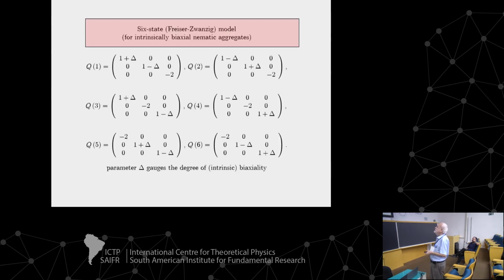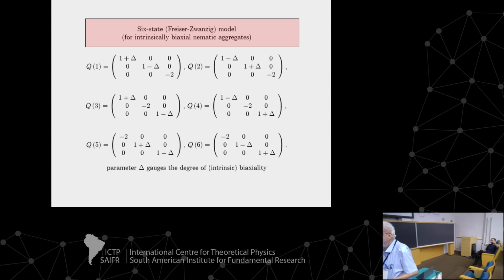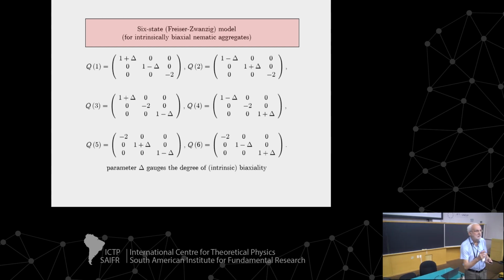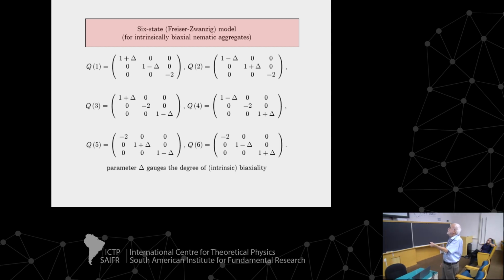Okay, let's go ahead. We can define another model, which I call a six-state model. This six-state model takes into account the possibility of biaxiality. Maybe this is the easiest model to take into account the biaxiality, by the introduction of this parameter delta.